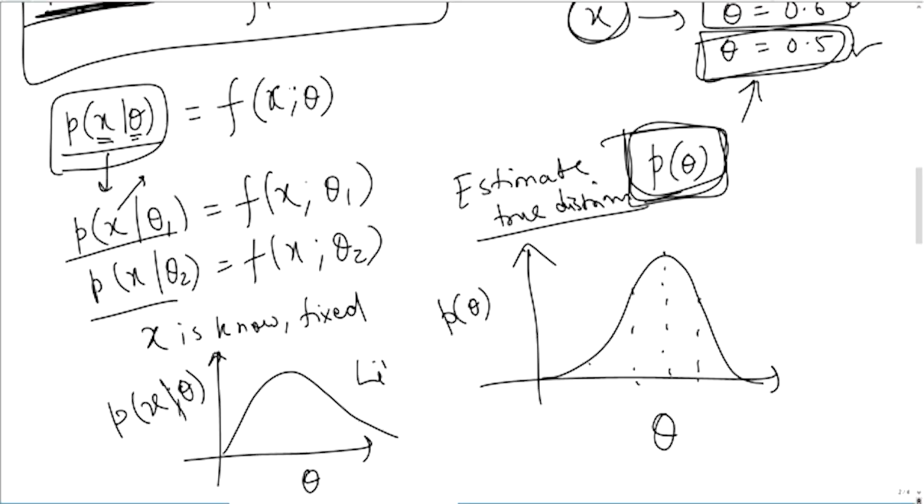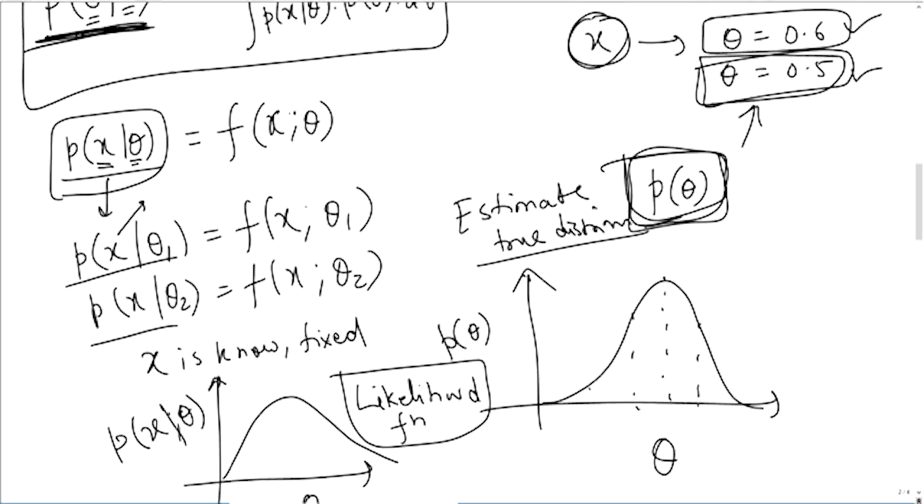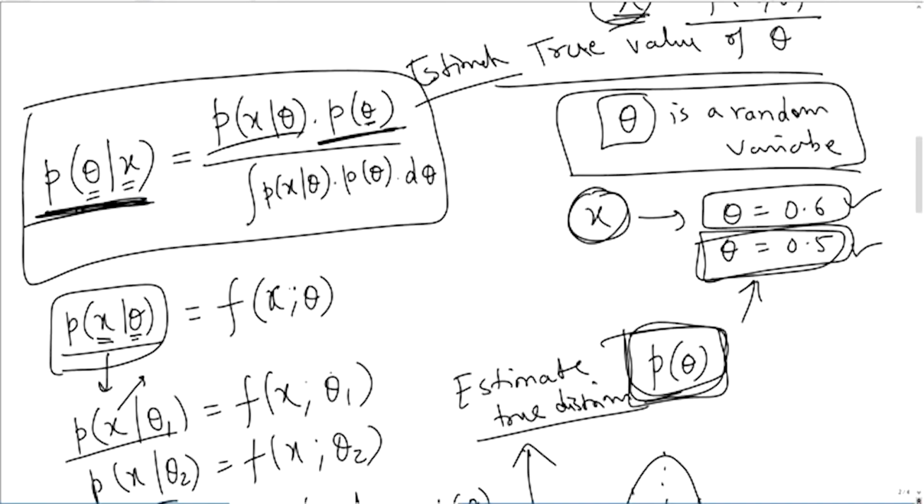This is exactly the likelihood function. We discussed this a couple of lectures ago. So the first term you see in this Bayes theorem formula, in the numerator, P of x given theta, is basically the likelihood function.